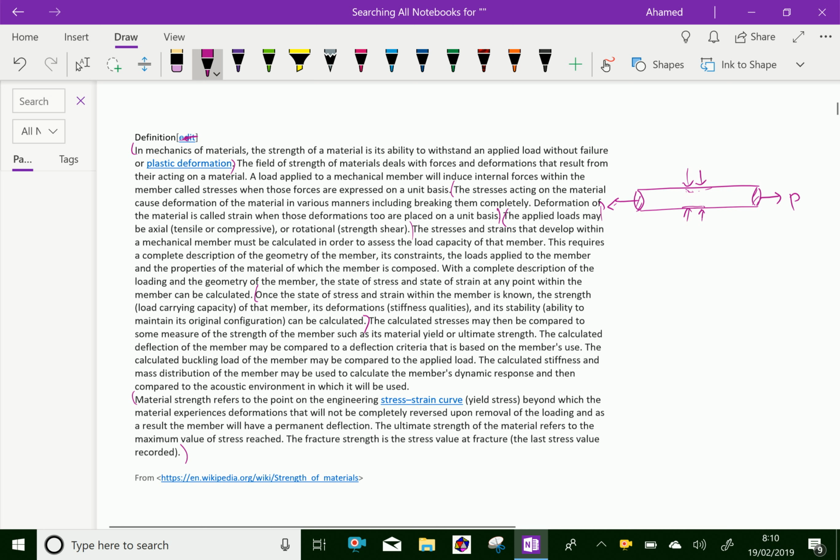Now we can define stress: the stress acting on the material causes deformation of the material in various manners, including breaking it completely. After continuously increasing the load of pulling, it causes the material to break.